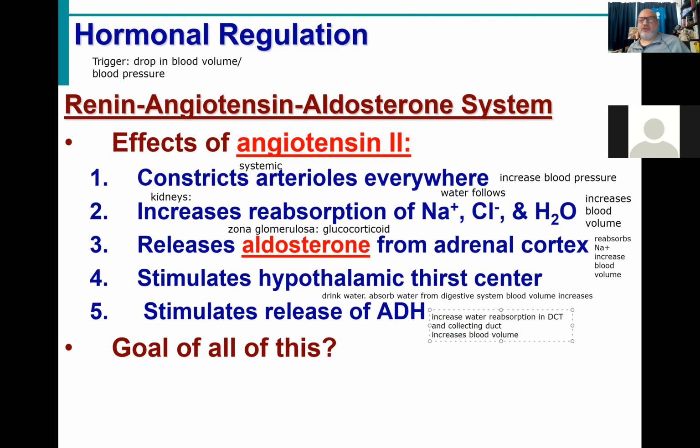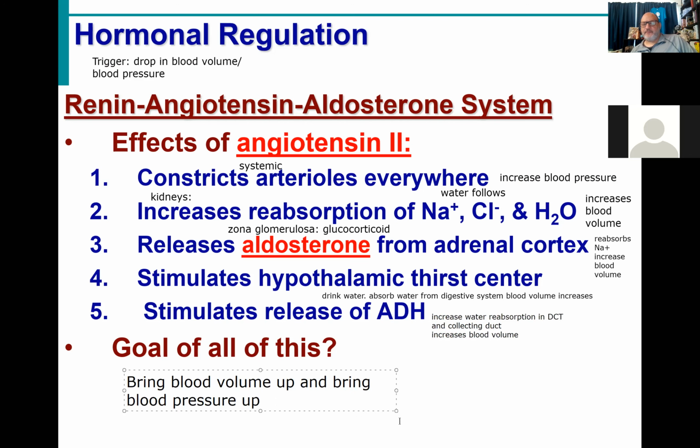So notice the goal of all of these, again, it was triggered by a drop in blood volume, a drop in blood pressure. So this is going to bring blood volume up. And of course, that is going to bring blood pressure up, helping us to maintain an appropriate blood pressure so that our kidneys can continue to perform at their optimal rate.